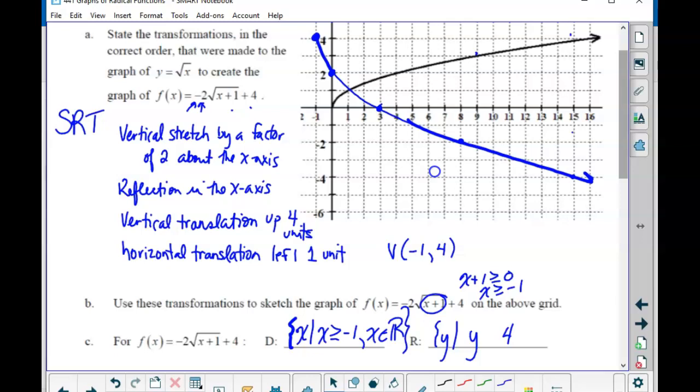So this has been reflected, so it's going to now be going down and to the right, which means it's going to be less than or equal to 4. So this value in your domain comes from there. This value comes from there. And then the direction of the inequality depends on whether it's been reflected or not. Okay.